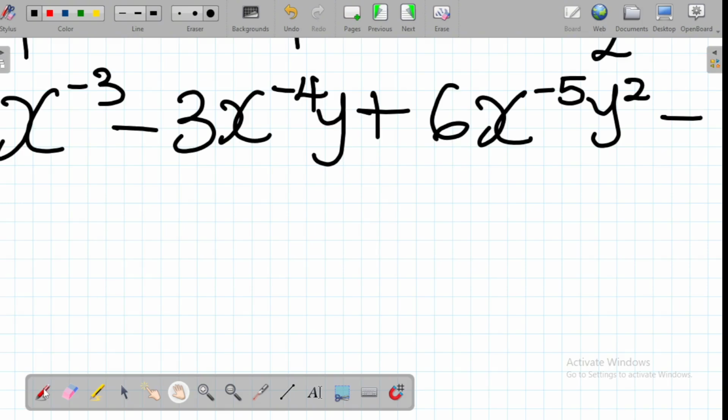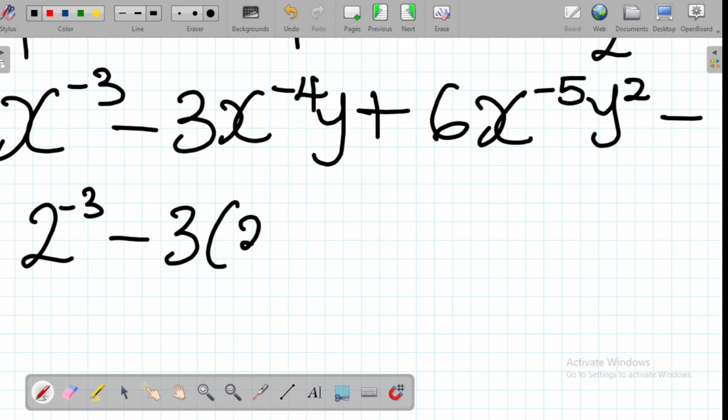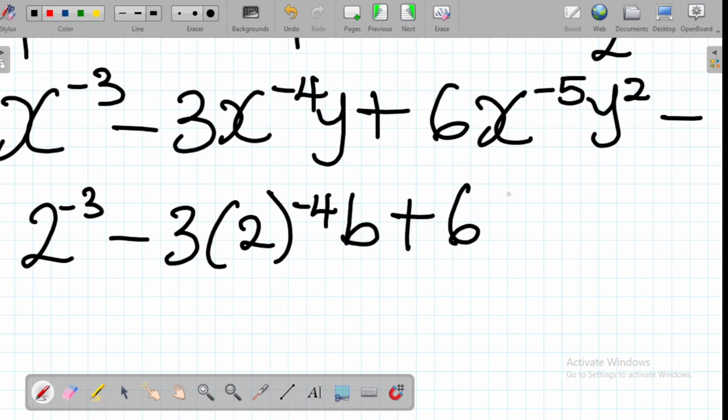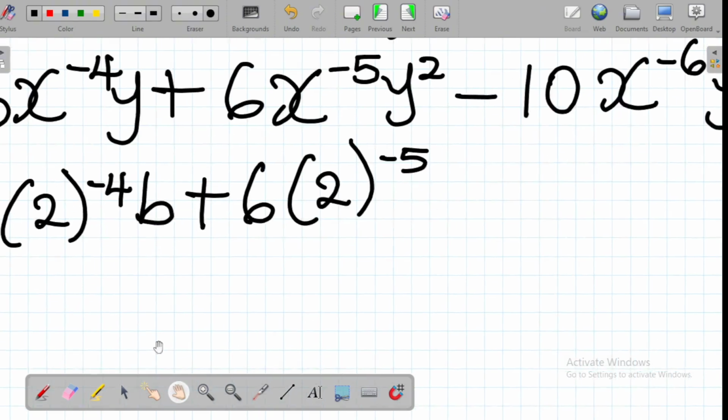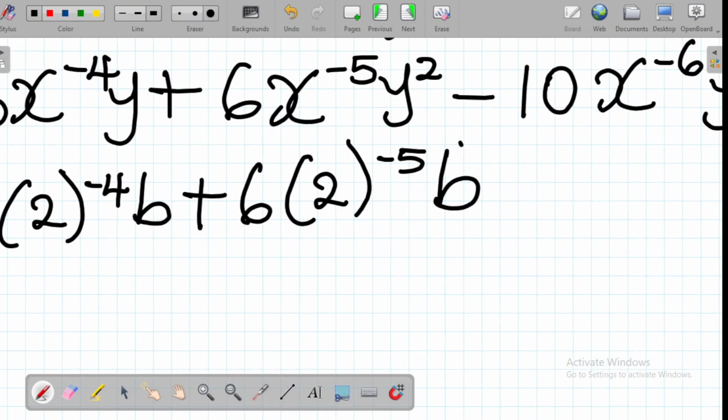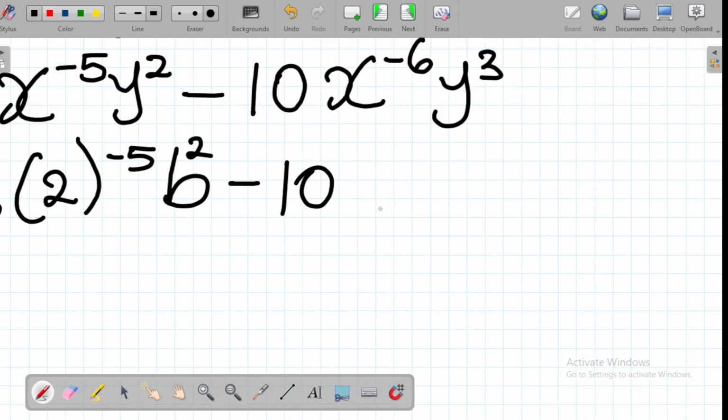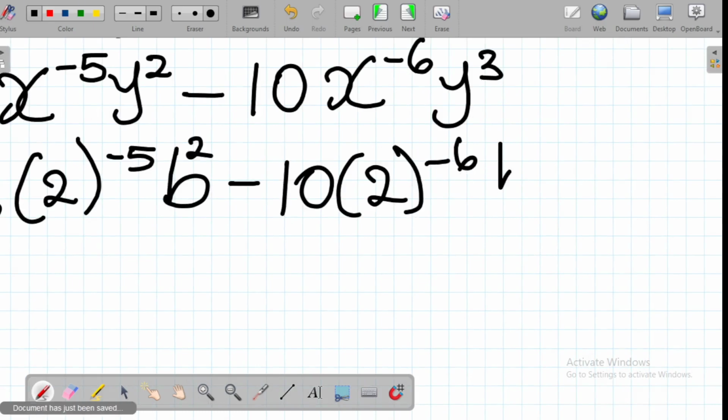So if we substitute the values of x and y into the equation, we would have 2 raised to power negative 3 minus 3 multiplied by 2 raised to power negative 4, and then multiplied by b plus 6 multiplied by 2 raised to power negative 5 multiplied by b raised to power 2, and then minus 10 multiplied by 2 raised to power negative 6, and then b raised to power 3.